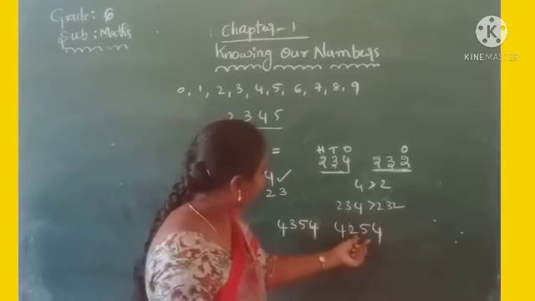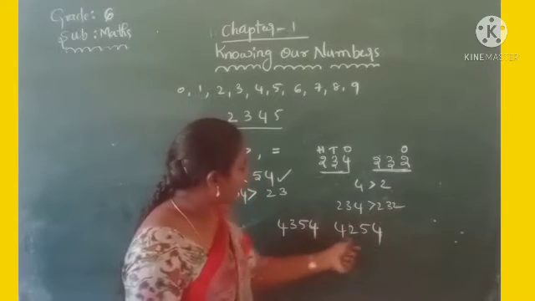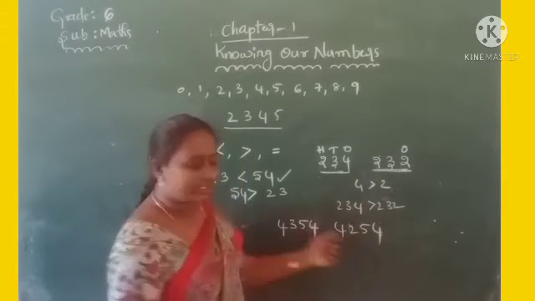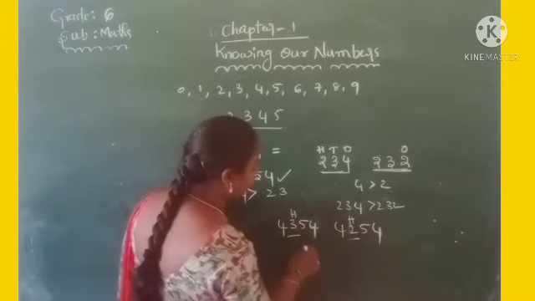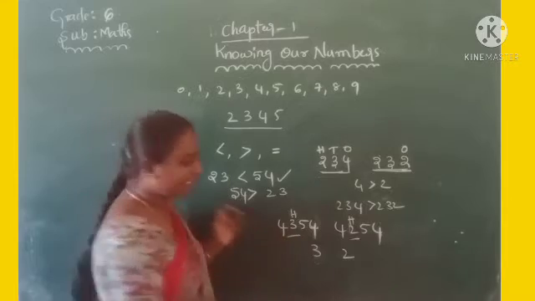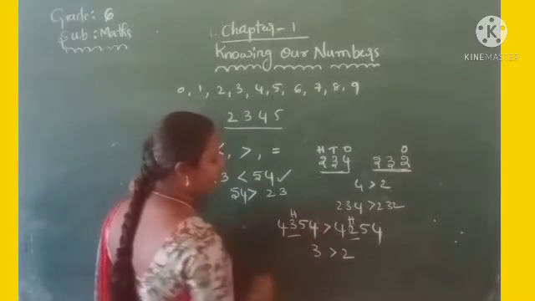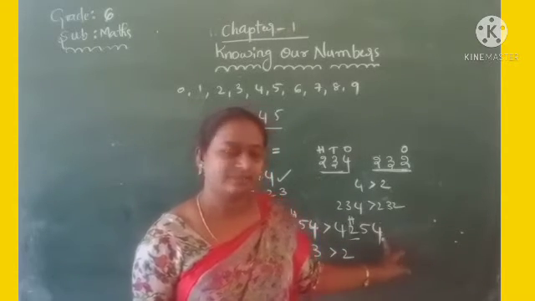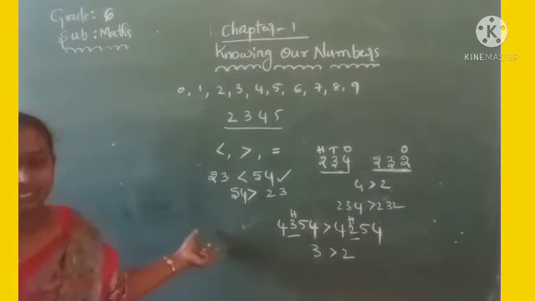Tens place 5 and 5, also the same. The place value of 2 is hundreds, so compare the hundreds places: 3 and 2. 3 is greater. That means 4354 is greater than 4254. This is the way of comparing the numbers.